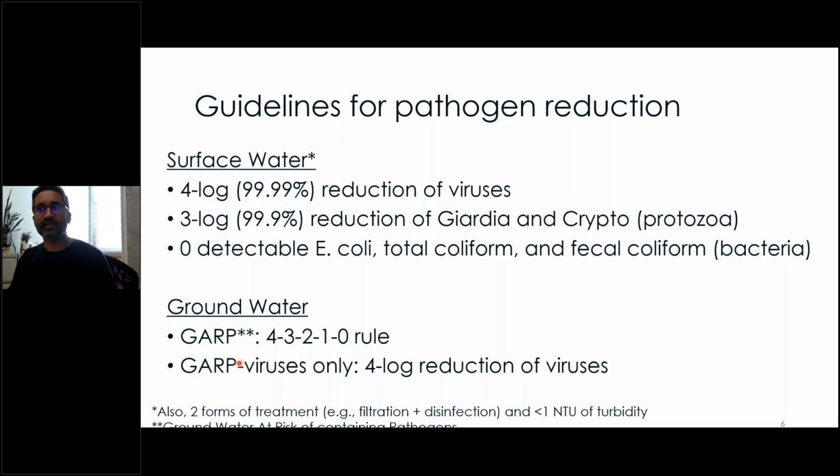Some groundwater might be classified as viruses only, and in that case, you're only concerned with the 4-log reduction of viruses. Okay, so it just depends on how your groundwater is classified, and that might be informed by an environmental health officer or a drinking water officer that supports your system. Okay, so those are our guidelines for pathogen reduction.